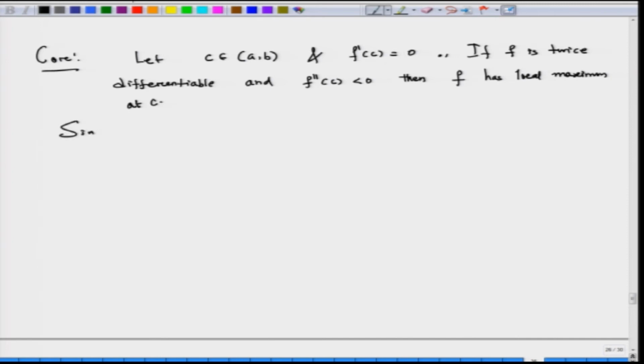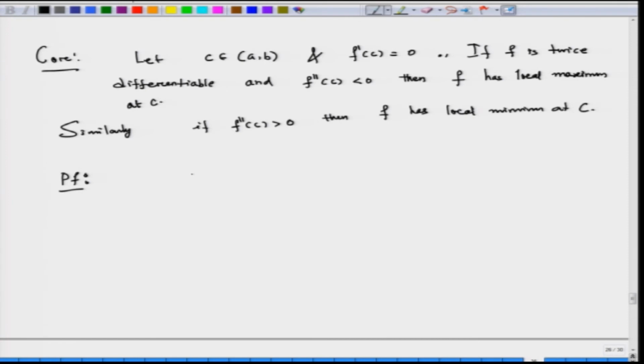Similarly, with all this condition, if f double prime of c is greater than 0, then f has a local minimum at c. Okay. So, how does one prove this?